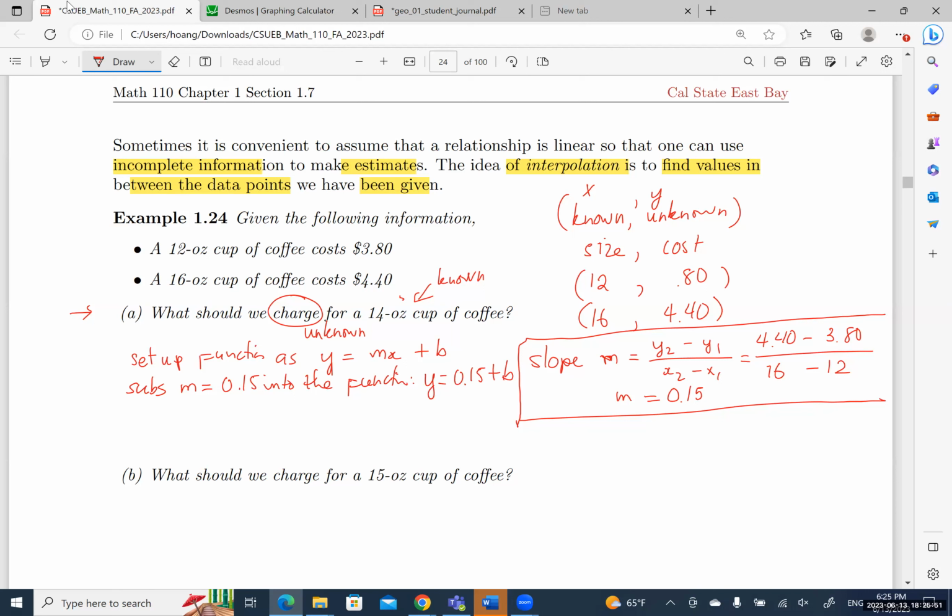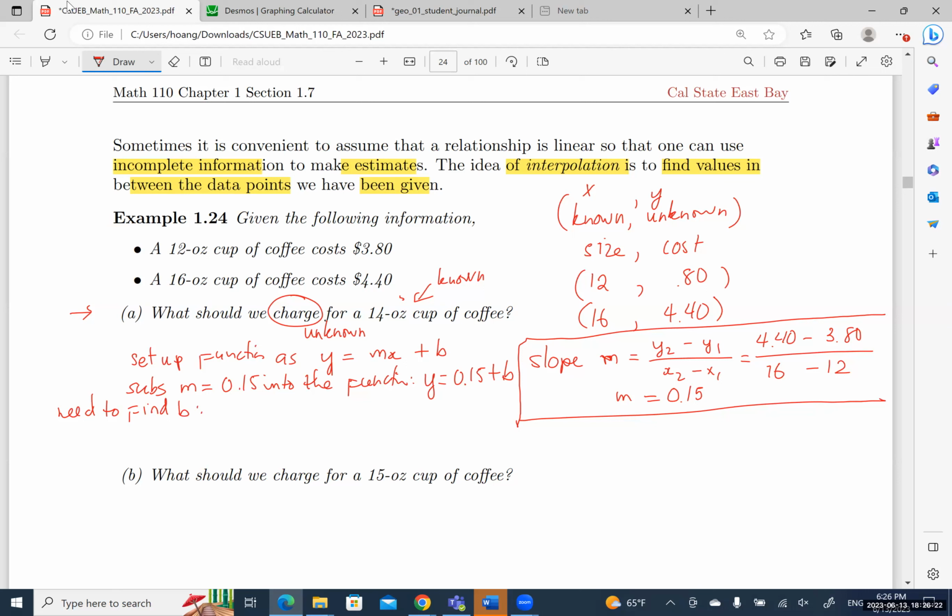Then you will now just have to find what b is going to be.